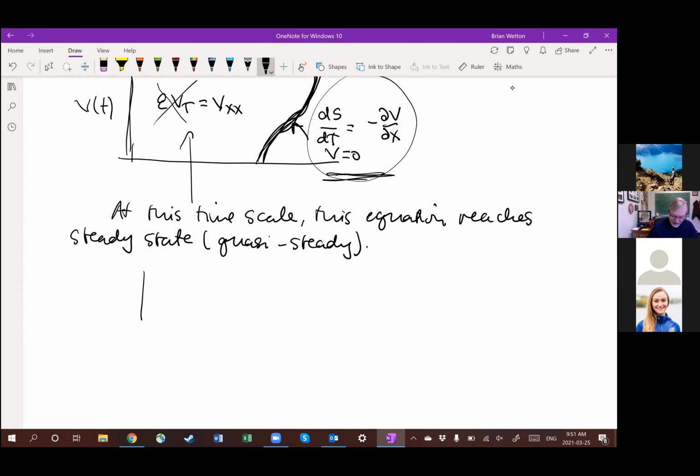So if I now change notation back to T, because I don't like writing taus, maybe I should make a little comment about this. This is a very typical thing in applied math, and the branches of engineering that are close to applied math often use this kind of scaling technique.